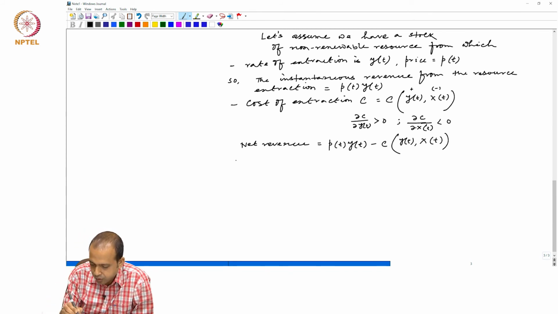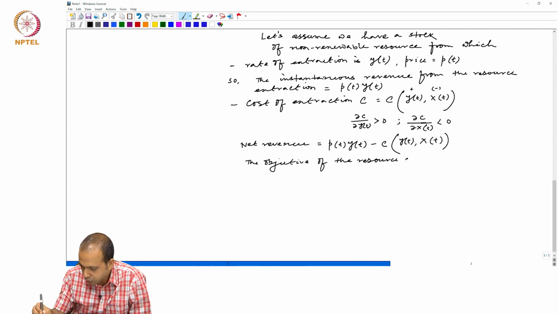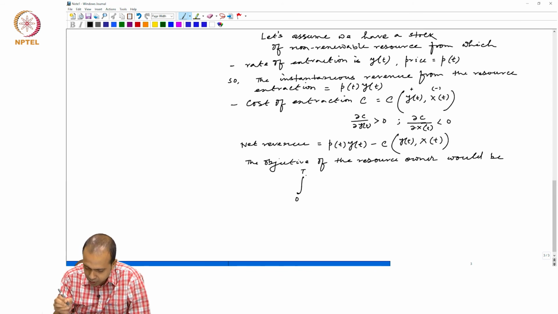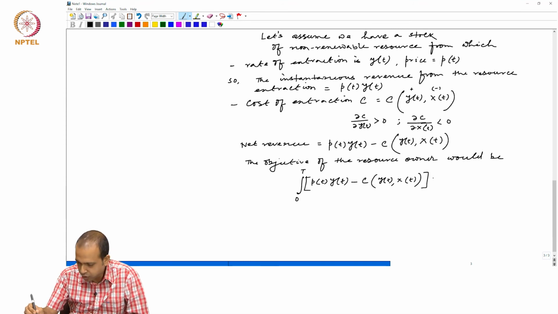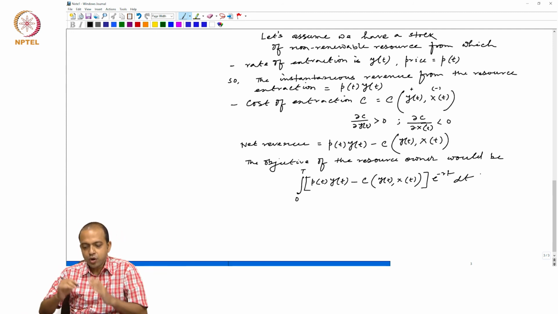So, the objective of the resource owner would be to maximize the entire benefit from 0 to T, PT into YT minus the cost function, e to the power minus RT dt. Okay. That is what the resource owner is trying to do.